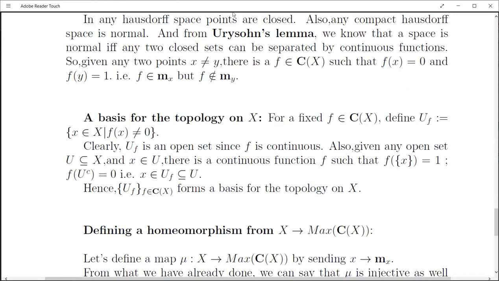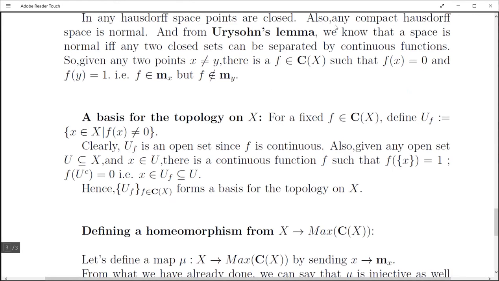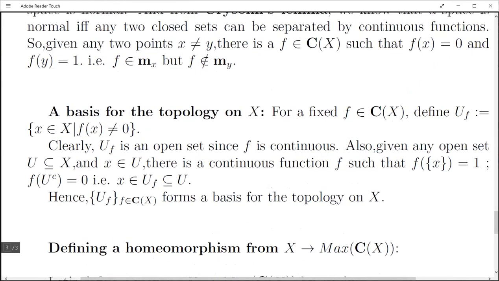So basically, you look at this open set U_f, which is just the set of all x such that f does not vanish at that point. So these are the kind of open sets we want to look at. So that is what I have written here. U_f is an open set since f is continuous.